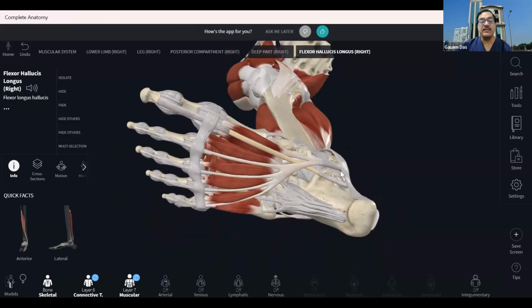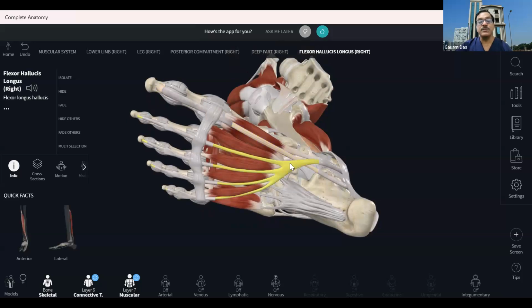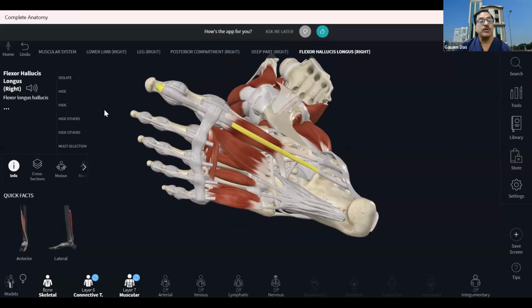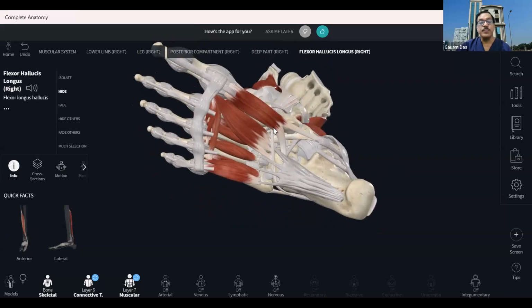So these were the second layer muscles. Let us remove them. Quadratus plantae we have already removed, and we removed the flexor digitorum and the lumbricals also. Let me remove lumbricals, and this one also. This was your flexor hallucis longus. Now a few tendons come.